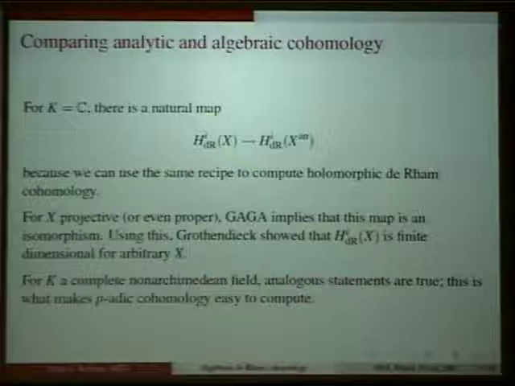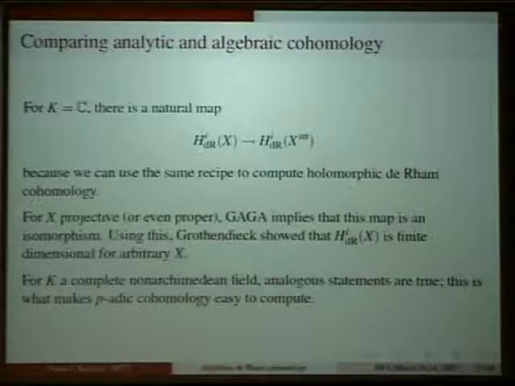Of course, when you work with an analytic space, you don't have to work with these silly covers by open affines. You can work with much more sensible covers consisting of contractible opens on which everything is acyclic. So you don't have to deal with this Čech stuff, but you could if you wanted to.